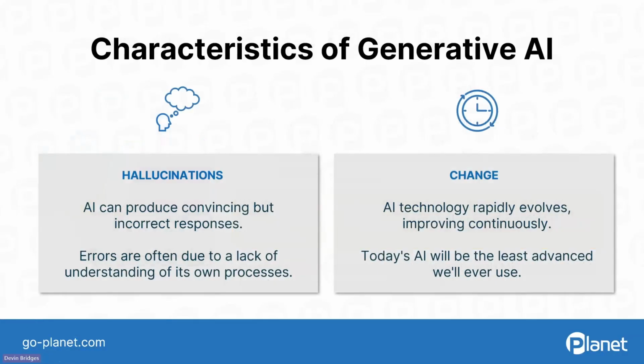Now, generally speaking, any generative AI tool has two main characteristics that I want to call out. The first is hallucinations. This is the term used when AI produces responses that sound very convincing but are incorrect or inaccurate.